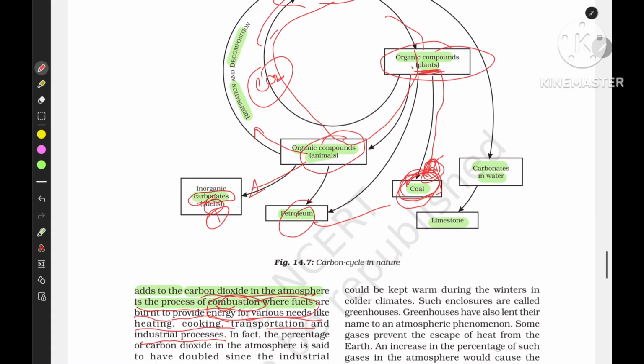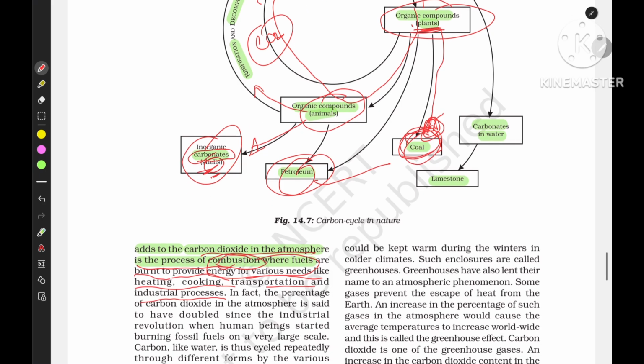When a plant dies, over millions of years it forms coal and petroleum. And in some organisms, the external body, a hard shell, is made of carbon.